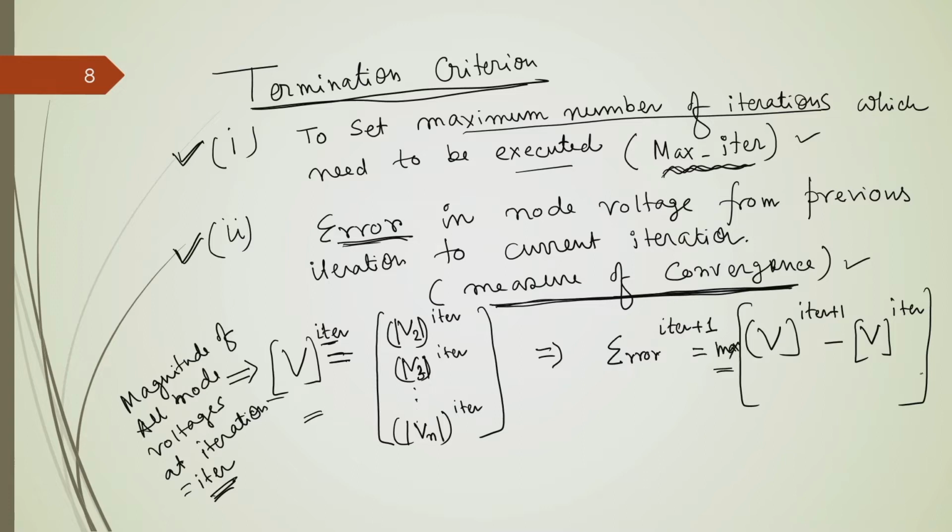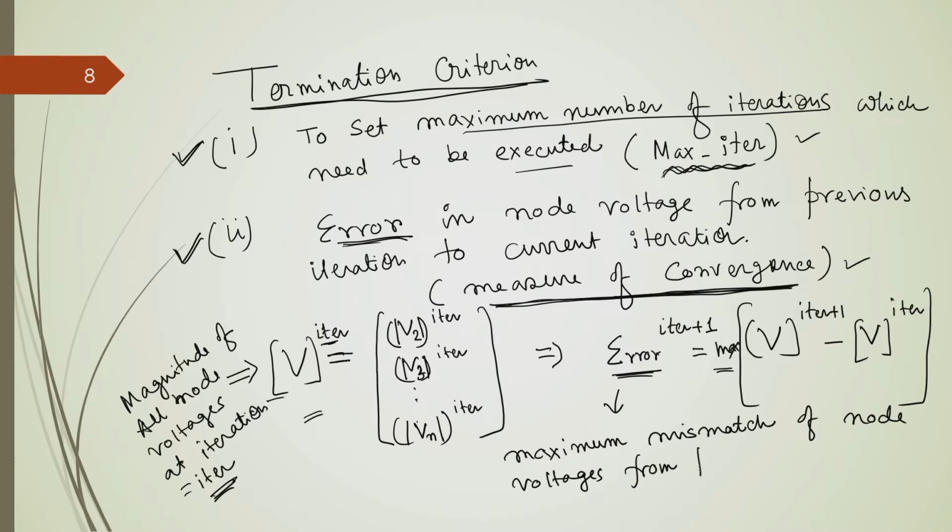So, this error is basically representing the maximum mismatch of node voltages from previous iteration to current iteration.